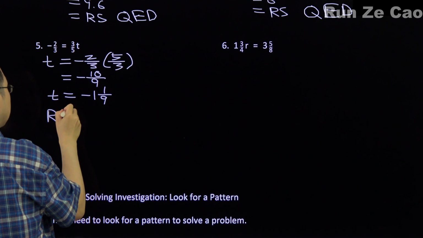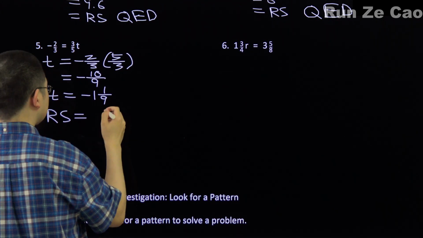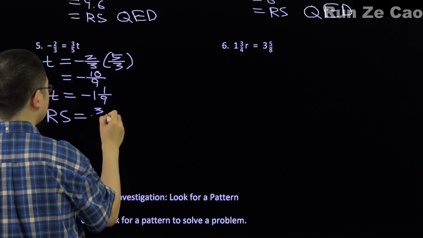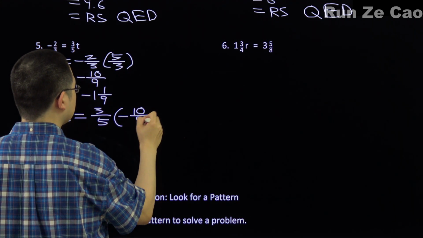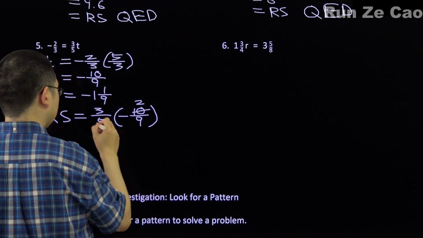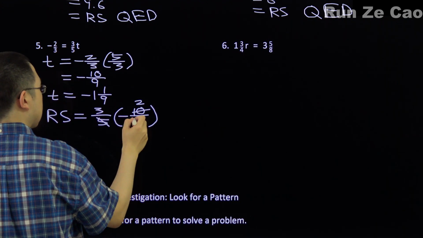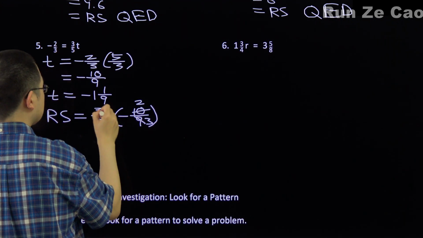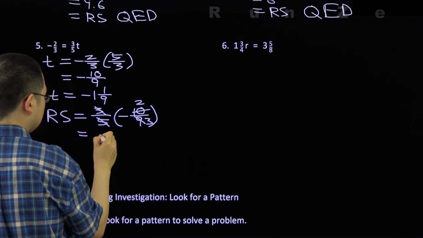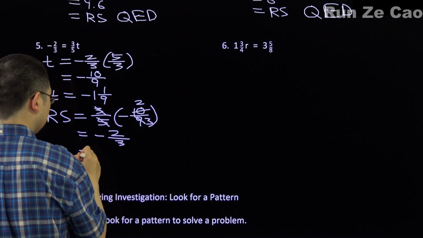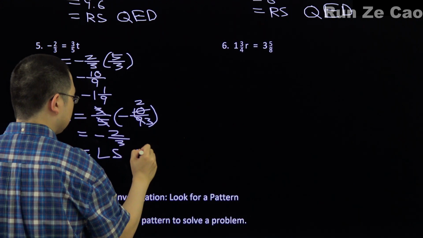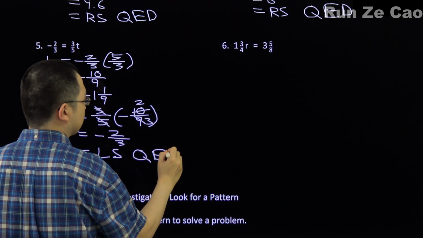The right side is equal to 3 over 5 times negative 10 over 9. Well, this cancels to give a 2, and this cancels to give a 3. Gasp! It's equal to negative 2/3, which is equal to the left side. So we proved that our answer is correct.